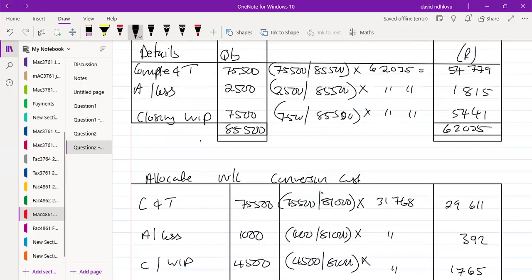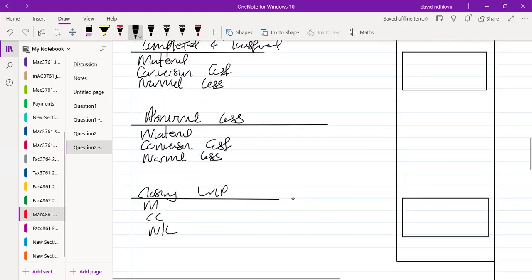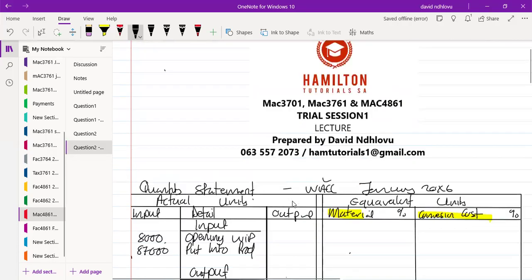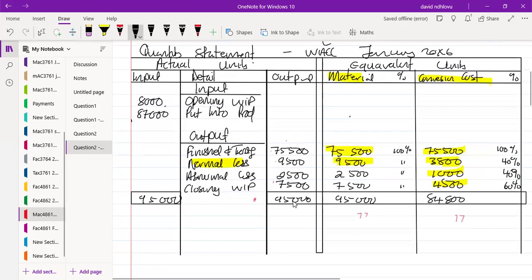Any question? Right, to complete the cost allocation statement, this is what we do. We go to the completed and transferred. In terms of material, you go to the quantity statement. In terms of material, completed and transferred, which is finished goods here, is 75,500. And in terms of conversion cost also 75,500.